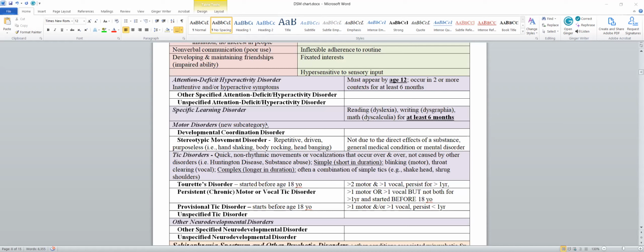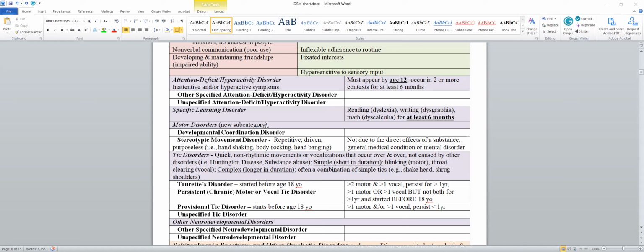These subcategories under motor disorders are developmental coordination disorder and stereotypic movement disorder, which is repetitive, driven, purposeless movement, such as hand shaking, body rocking, head banging, not due to the direct effects of a substance, general medical condition, or mental disorder.